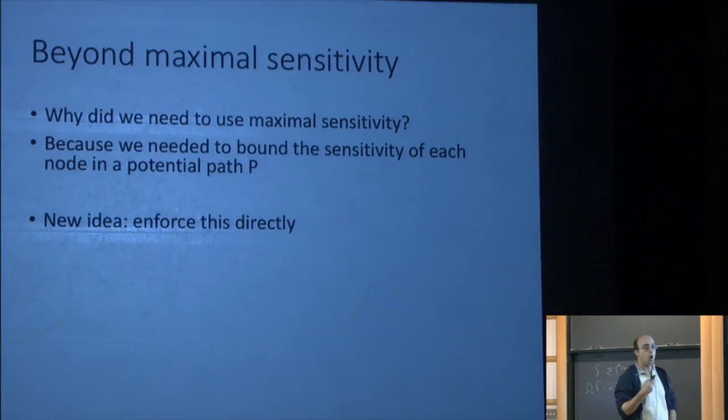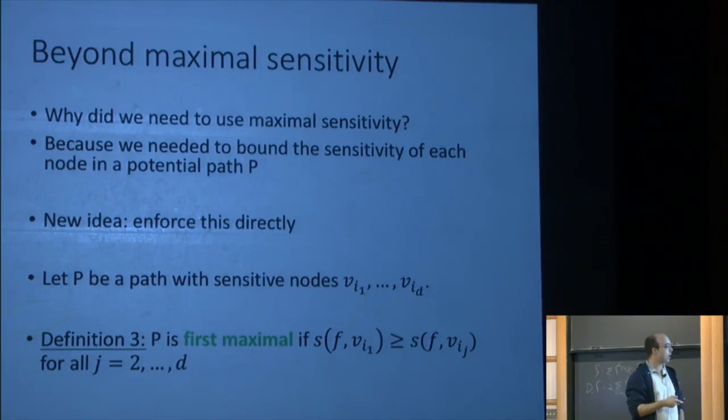So instead of hoping to enforce it, let's just enforce this directly in the definition of what we will ask from our path. Let's be very naive and ask the following condition. The first node, which is vi1 here, remember the first sensitive node is just the first node in the path, the one that we know is random, let's hope that this has the maximal sensitivity out of all sensitive nodes in the path. So we just make a definition that makes our life easy, and let's hope that these things exist.